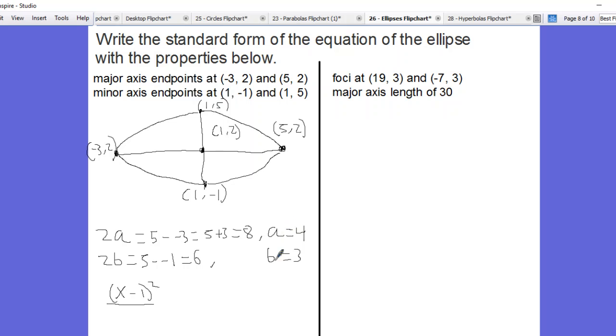So if a is 4, what's a squared? Yep, over 16, which is a squared, plus y minus 2, the y coordinate of the center is 2, squared, over b is 3, so b squared is 9, that's b squared, is equal to 1. And that is the standard form of this ellipse.